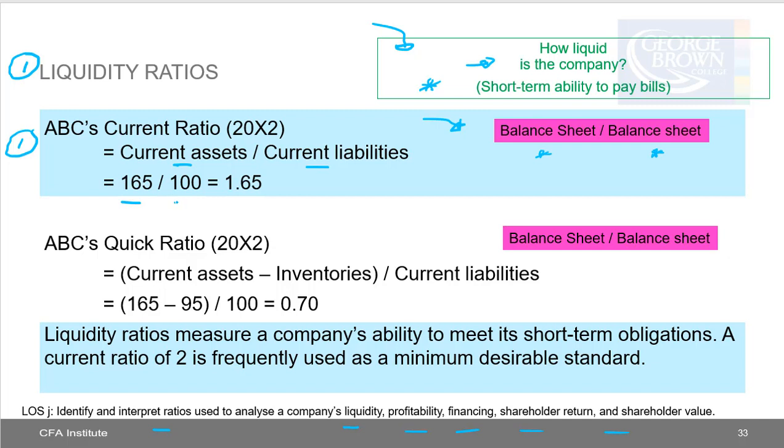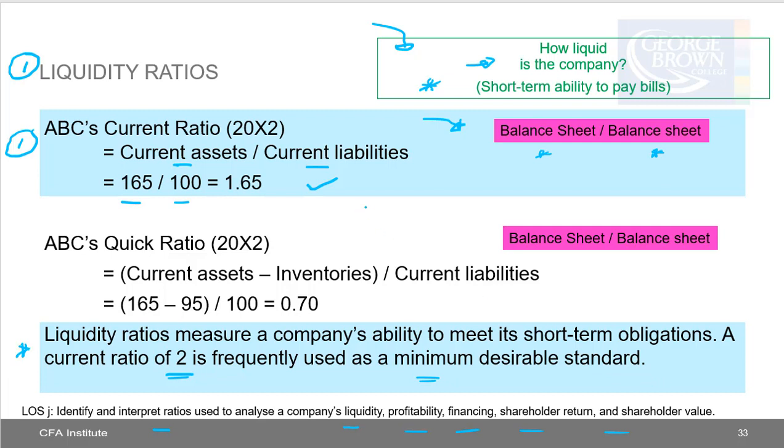The current liabilities was 100. So 165 divided by 100 gives us 1.65, okay? So it says here, liquidity ratios measure a company's ability to meet its short-term obligations. A current ratio of 2 is frequently used as a minimum desirable standard. We call that a rule of thumb.